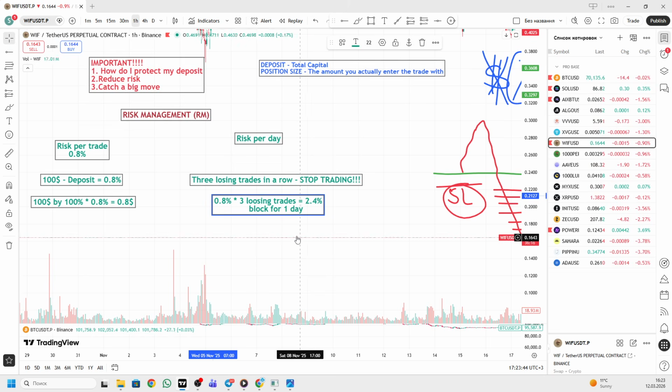And now think about it. How many days in a row can a person keep burning out like that before blowing the deposit? That's exactly why we teach you not to rush and to follow the rules. Okay, so we are still going to go through all of that in detail, colleagues.